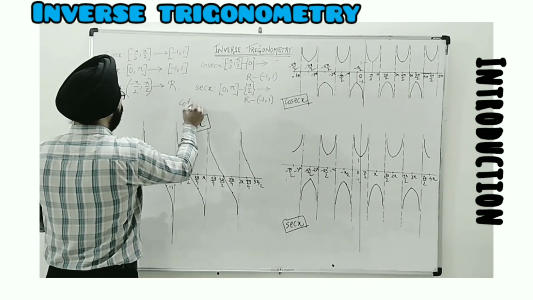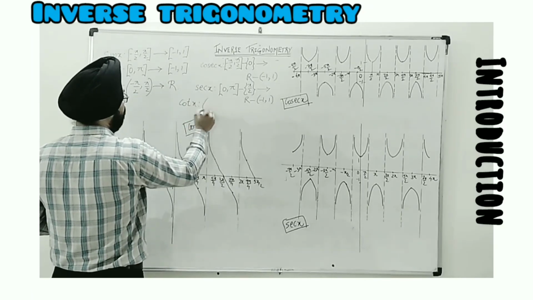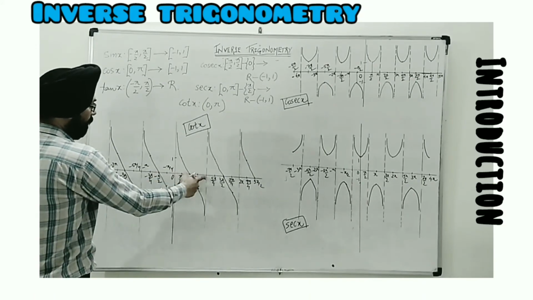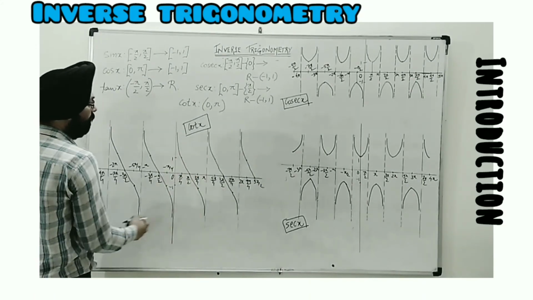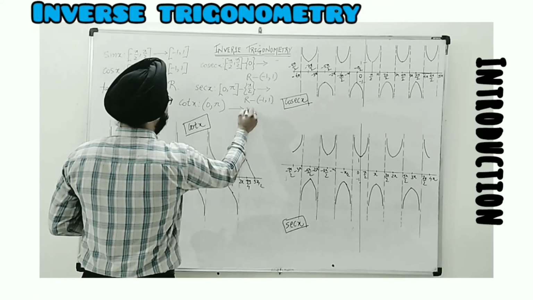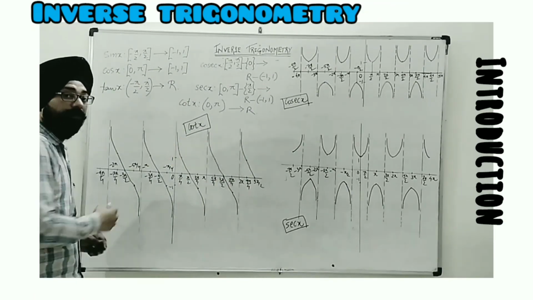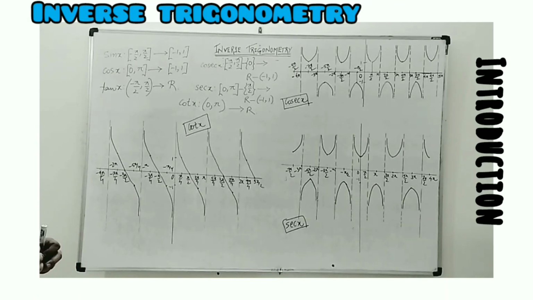We consider cot x on 0 to pi, you see it is monotonic here, and its range will be all real numbers because it is defined from minus infinity to infinity.